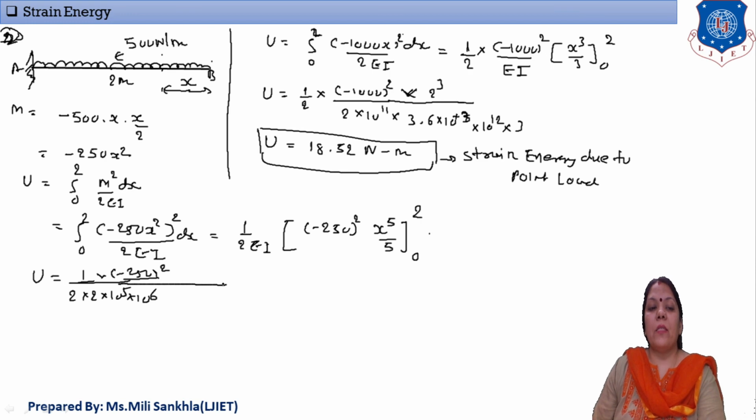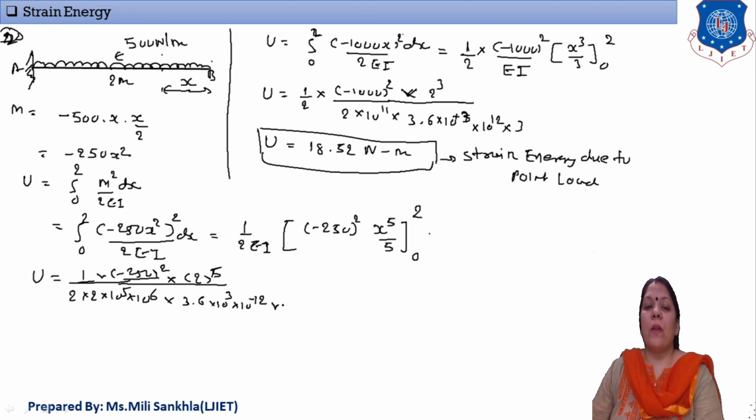U is equal to, first of all, 2, and the value of Young's modulus is equal to 2 into 10 raised to 5 into 10 raised to 6. And here the term is minus 250 square, and second, x we put 2 raised to 5, into I, the value of this I we found as 3.6 into 10 raised to 3 into 10 raised to minus 12, and also multiply by 5.